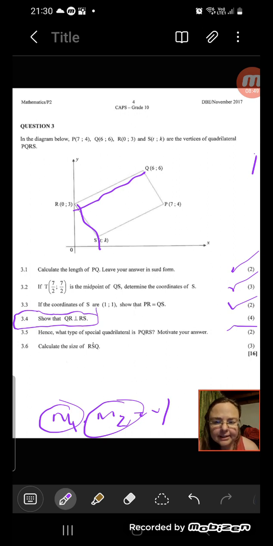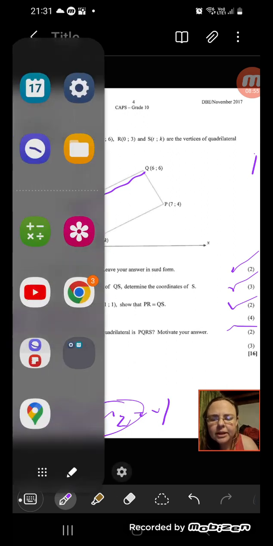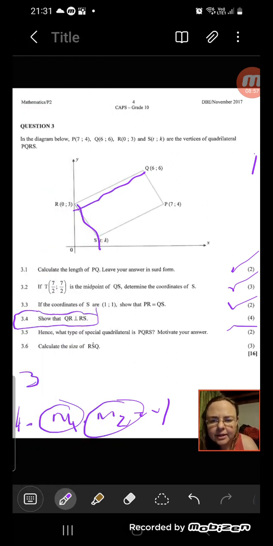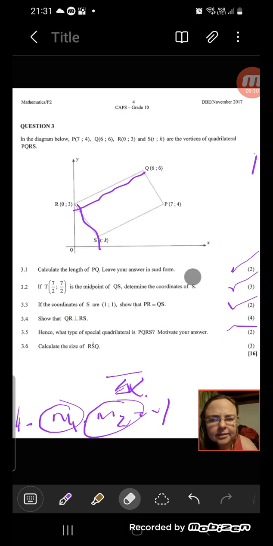So, we're going to find out the gradient. How do we find out the gradient? The 3rd formula, very, very importantly, is gradient is change in y over change in x.